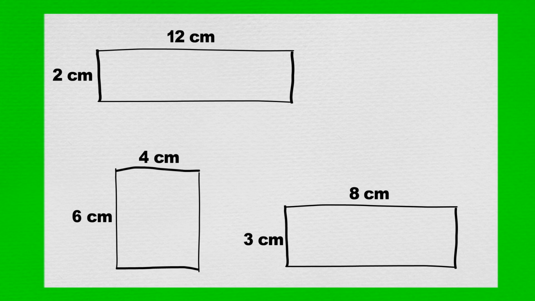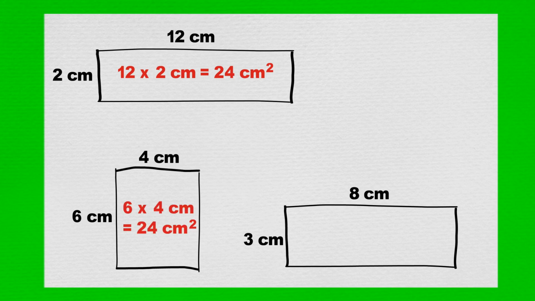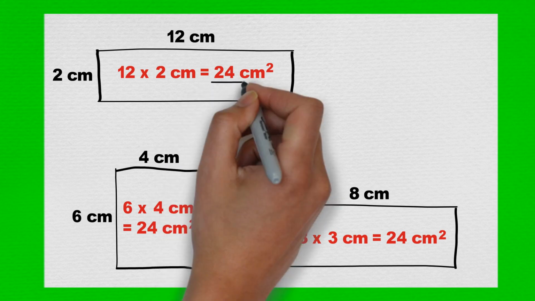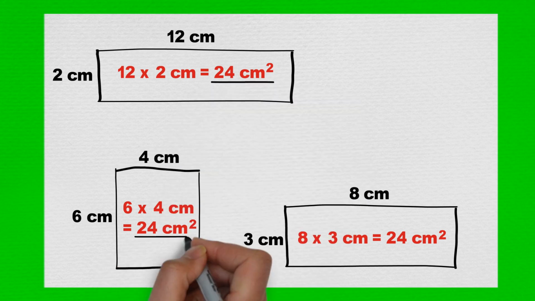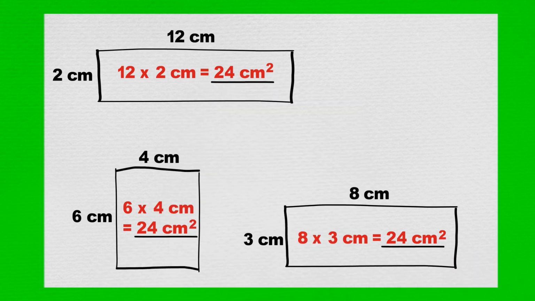Remember, the area of a rectangle equals its length times its width. The area of all 3 rectangles is 24 square centimetres. What do you notice about their dimensions?"